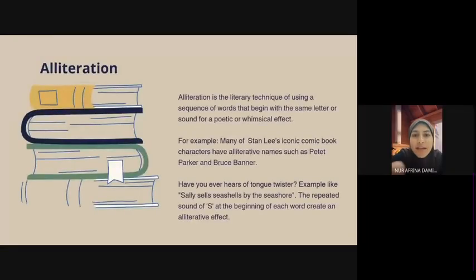Okay, we have alliteration. Alliteration is the literary device technique of using a sequence of words that begin with the same letter or sound for a poetic or whimsical effect. For example, many of Stan Lee's iconic comic book characters have alliterative names such as Peter Parker and Bruce Banner.